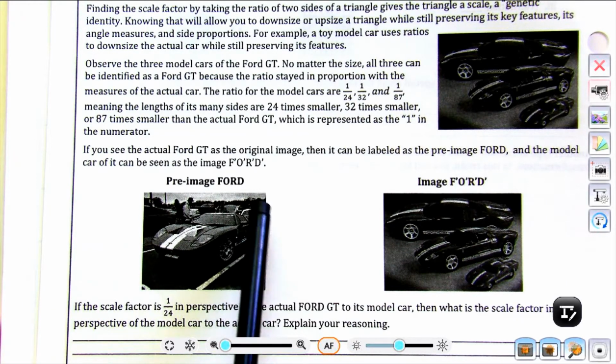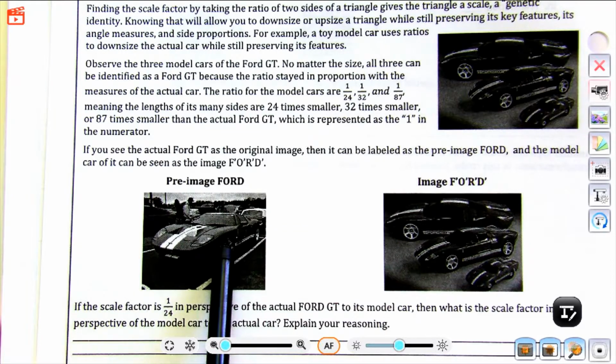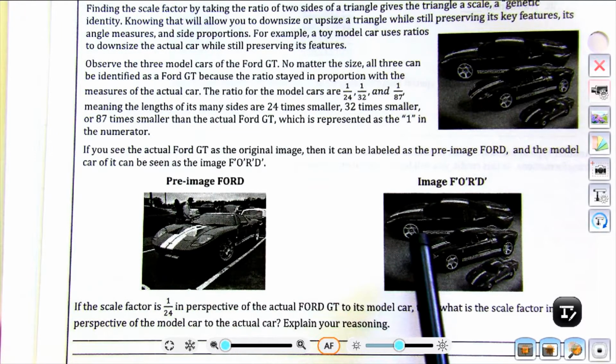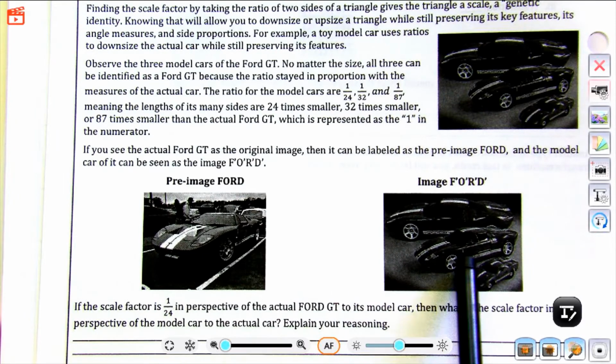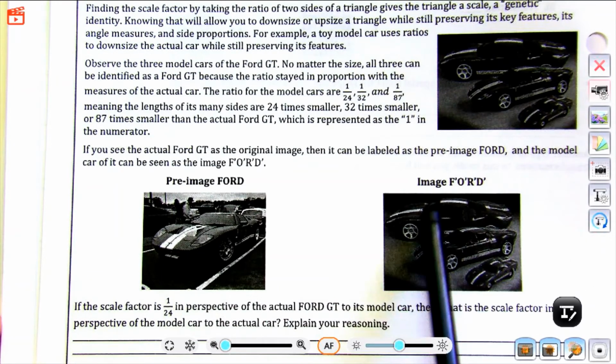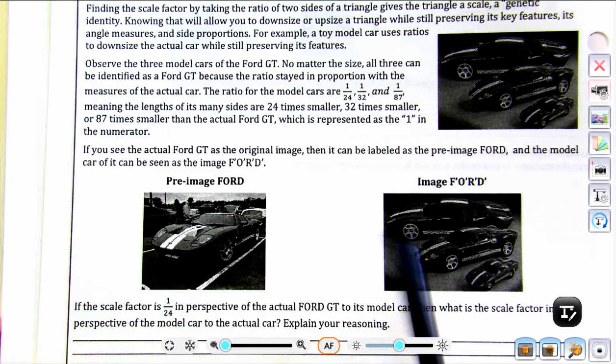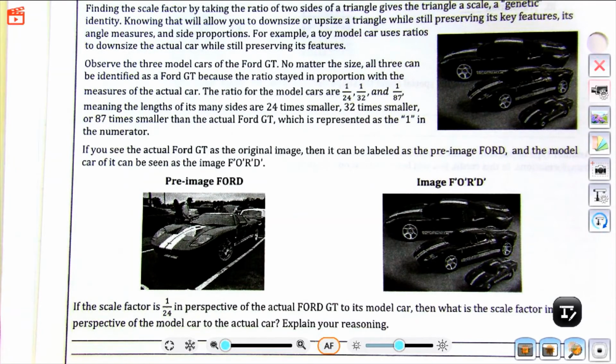One of the models is 24 times smaller, the other one is 32 times smaller, and the other one is 87 times smaller than the actual size. But all of these form the same kind of shape of the car. That's what we're talking about here. We're going to start with different types of polygons, like triangles, rectangles, and other types of polygons, and look at the properties of dilation.